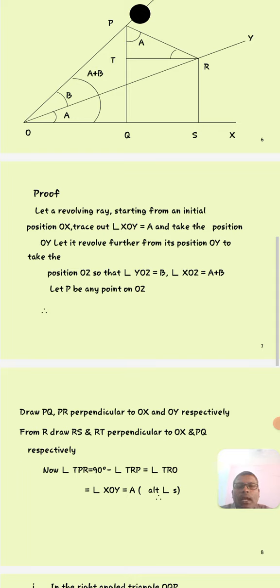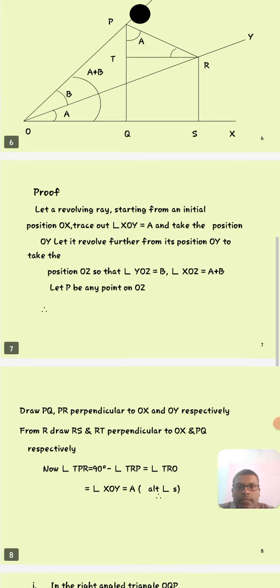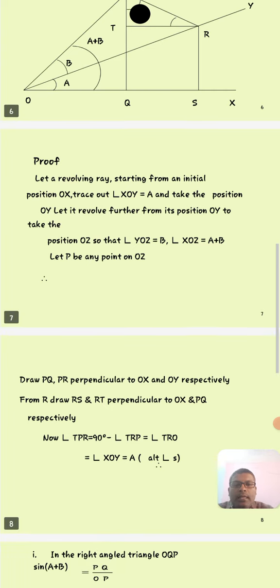So angle TPR is equal to 90 degrees minus angle TRP, which is equal to angle TRO. That is equal to angle XOY, which is simply A.